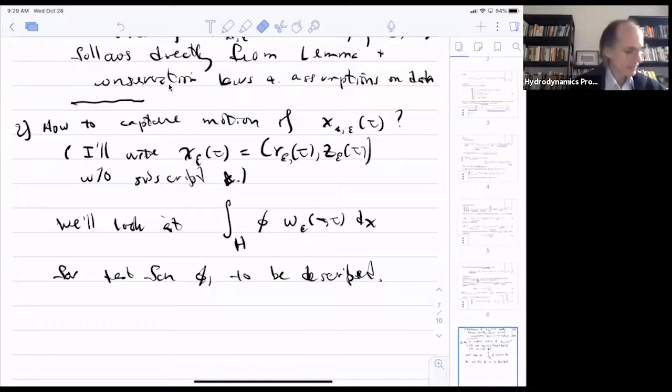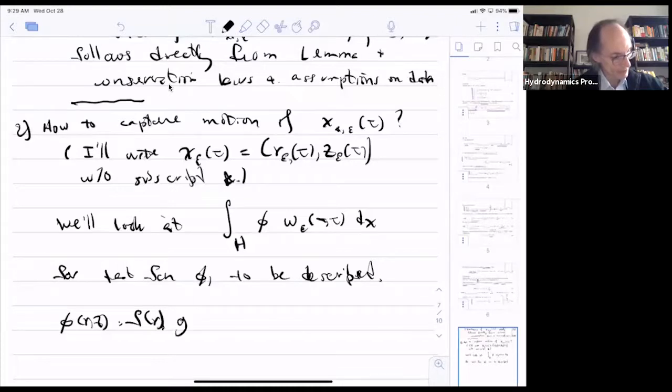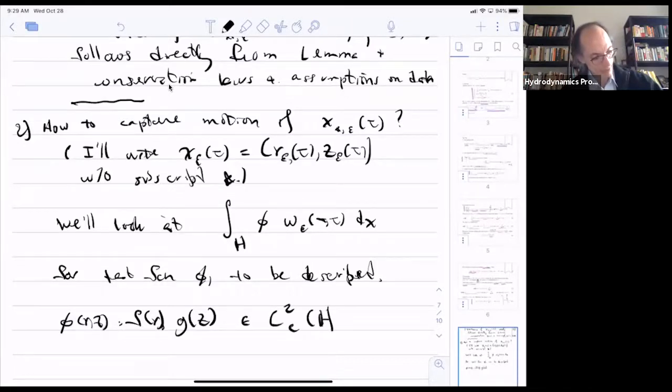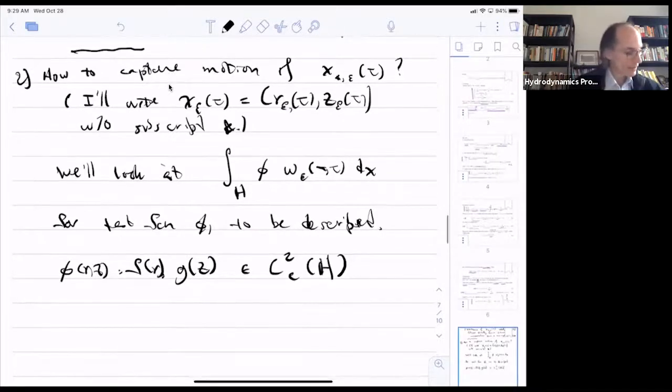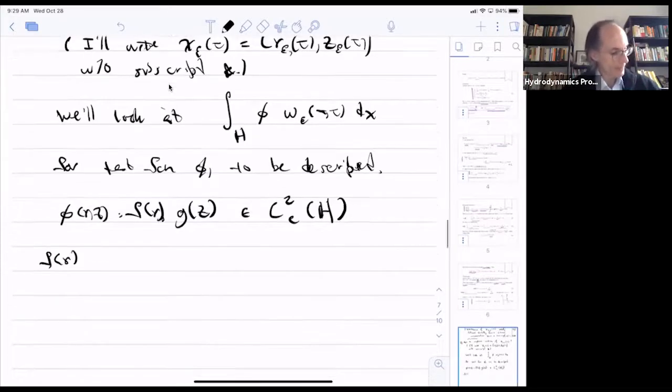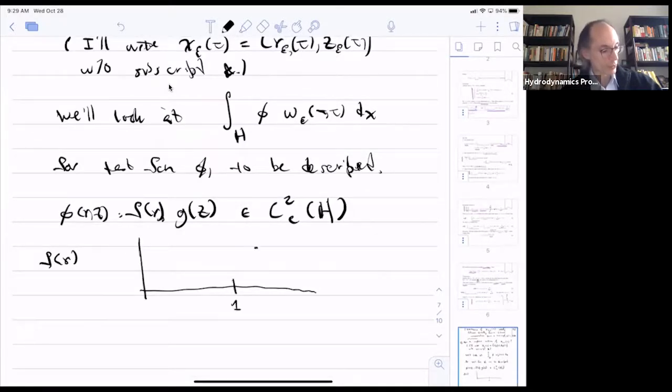Let's say phi of r and z will be f of r times g of z. Let's say I want it to be C2 with compact support in the half plane. And so f of r will look like this. Here's 1. I want it to be 1 in a neighborhood of 1 and have compact support.